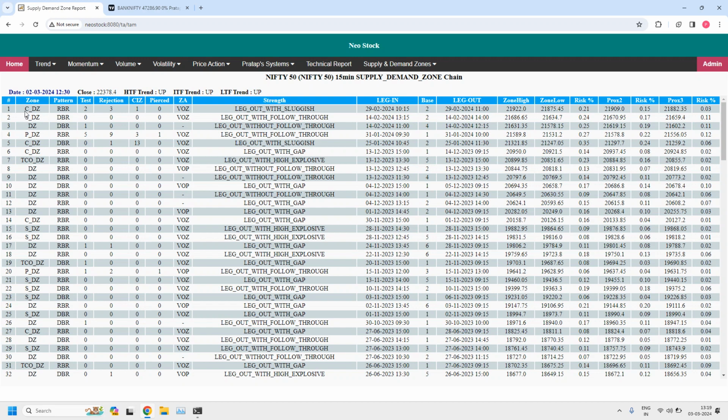All are demand zones, and the first and second ones are both high liquidity zones. Probably in tomorrow's trading these zones might play an important role. Focus on these first two entries: 21,922 and 21,686. These are the zone highs.